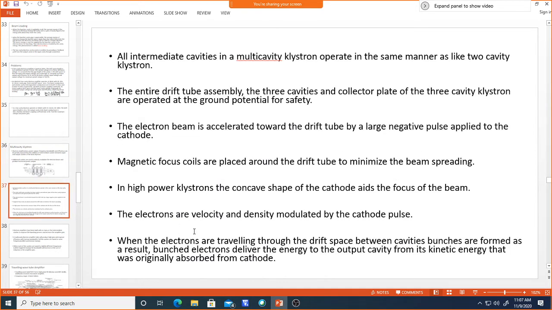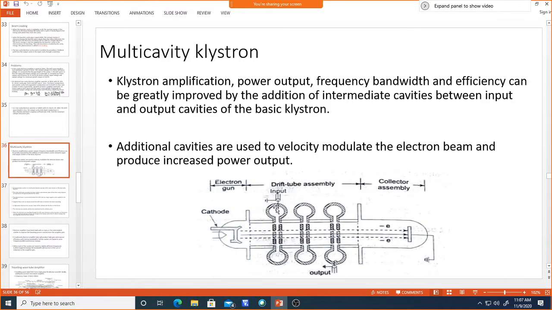Okay, so as I said, electrons are velocity and density modulated by the cathode pulse. The energy acquired by the electrons from the cathode pulse experiences the RF cycle at the cavities, and they acquire more energy, modulate correspondingly, and are collected by the collector.